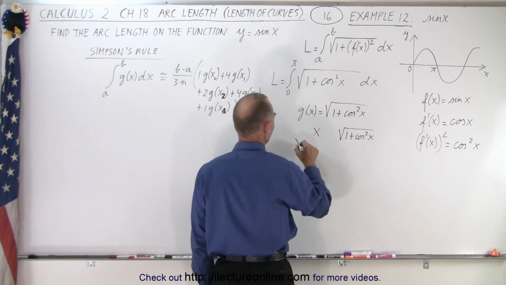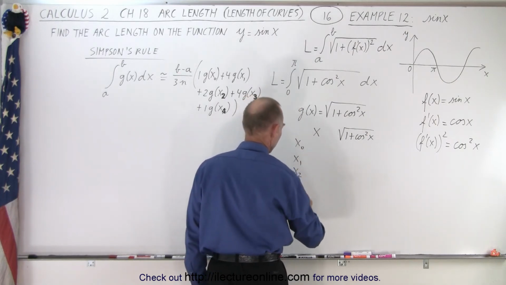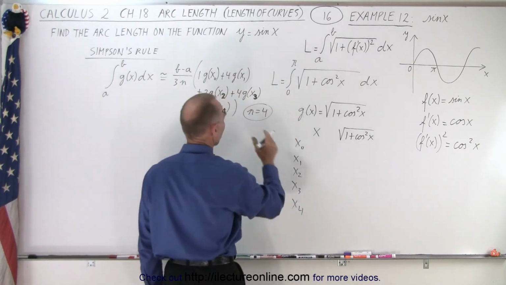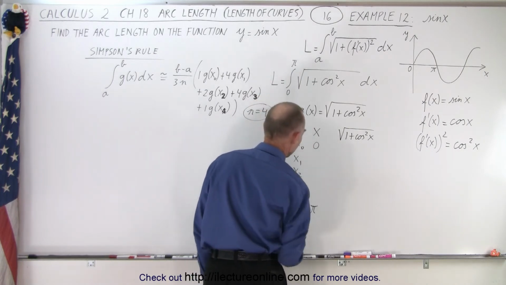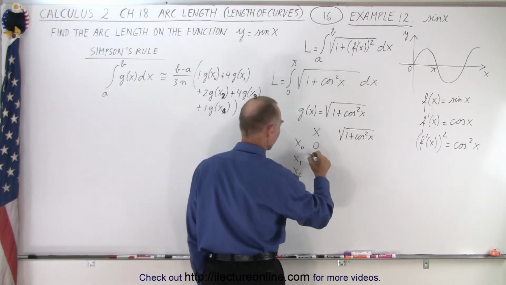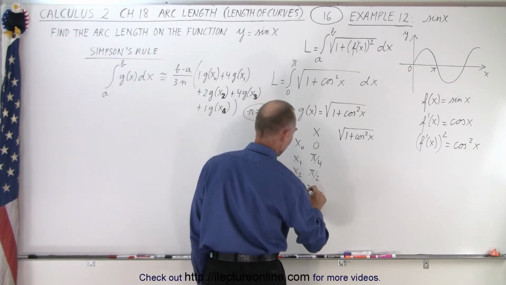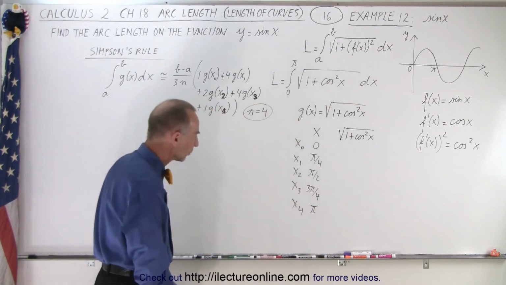Here we have x of 0, x of 1, x of 2, x of 3, and x of 4. We integrate from 0 to pi, so our first one will be 0, our last one will be pi, and then we have pi over 4, pi over 2, and 3 pi over 4. That will do it.